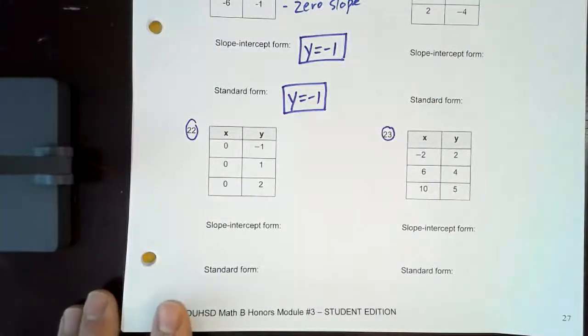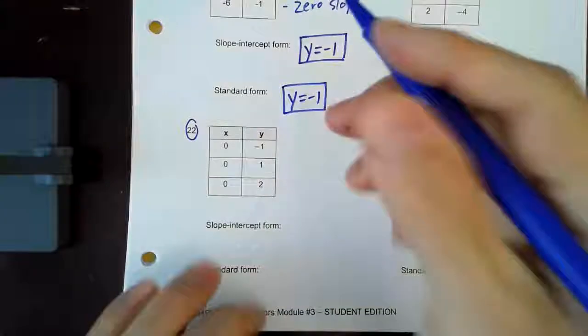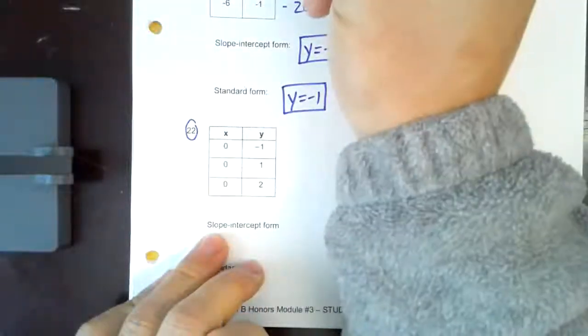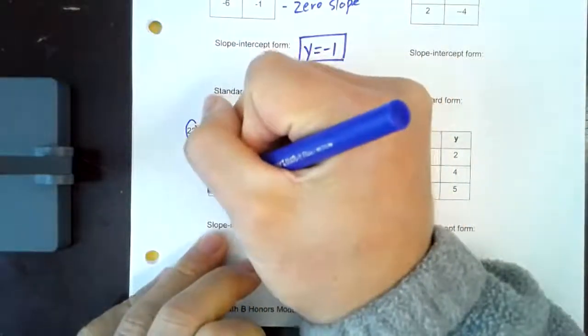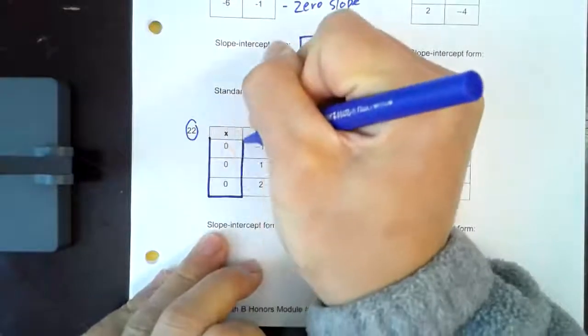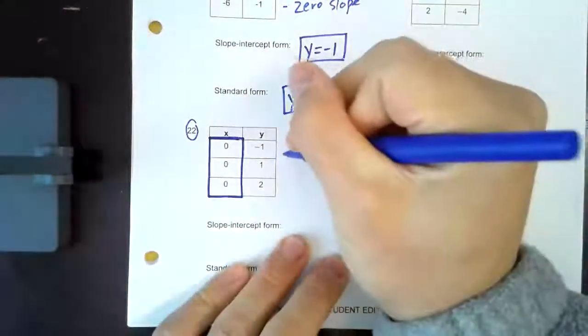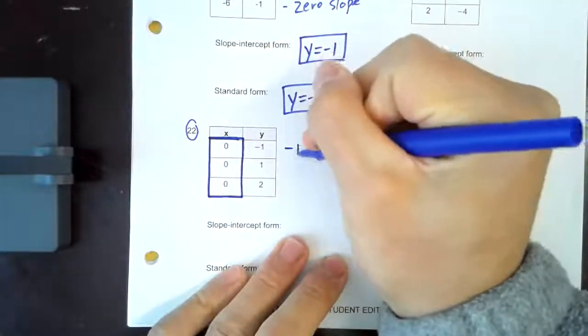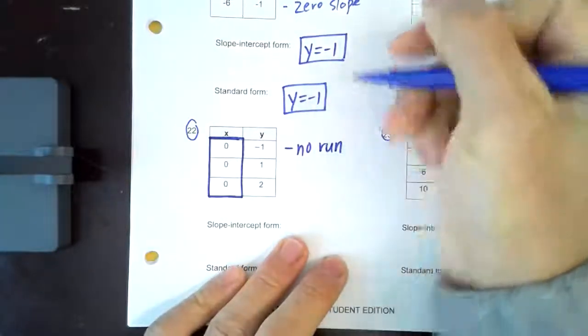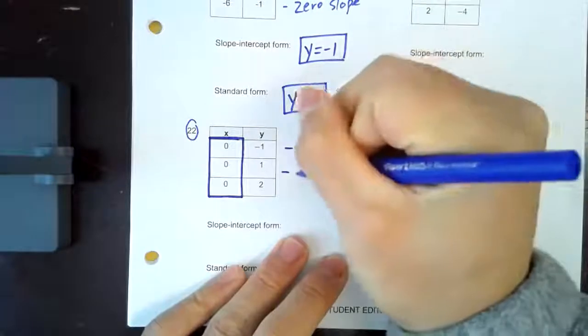Okay. Now, what do you notice about number 22? Okay. 22 is interesting because instead of the y values not changing, the x values are not changing, right? And if the x values are not changing, we know that there is no run.